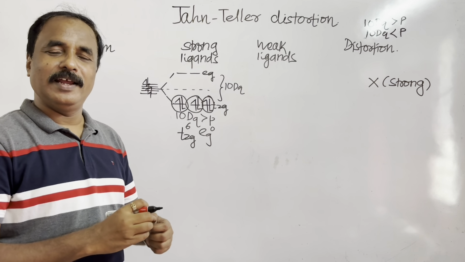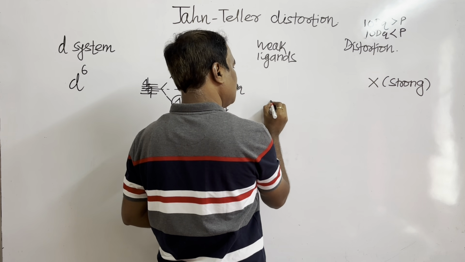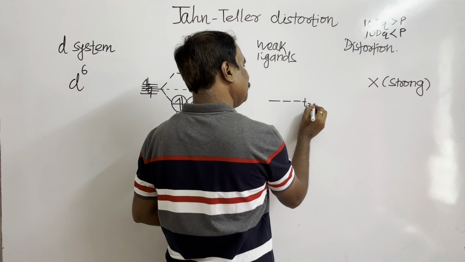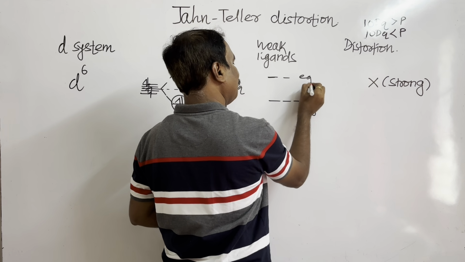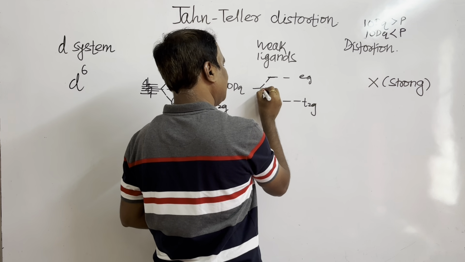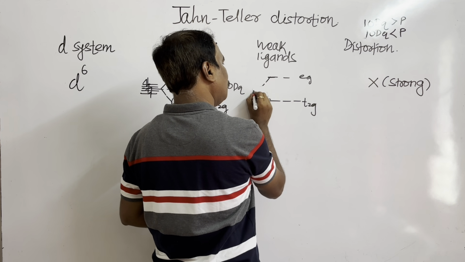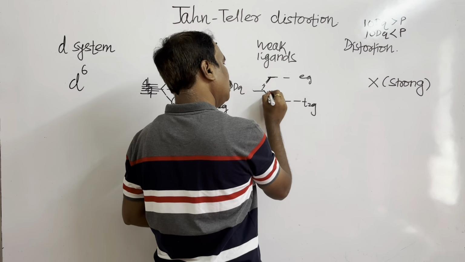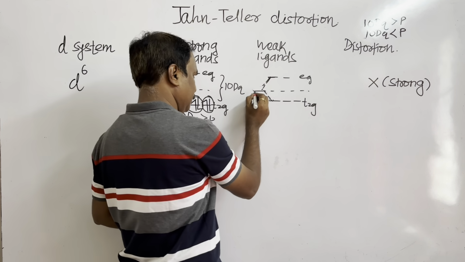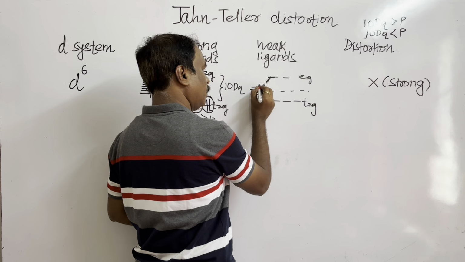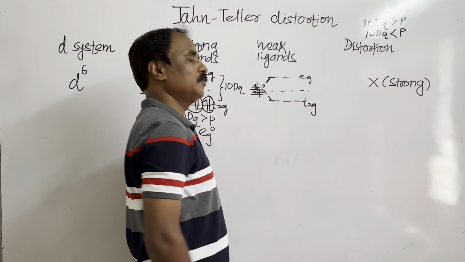In case of weak ligands, what is the electronic configuration? Splitting of the atomic orbitals. Here it is t2g and here it is eg. Splitting, energy barycenter. Here there are 6 electrons.